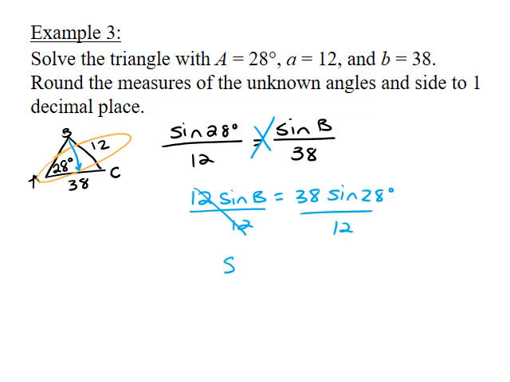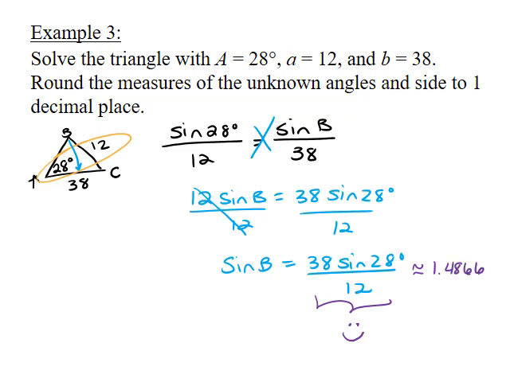So sine of B is equal to 38 sine of 28 degrees divided by 12. This will be smiley face. When you plug this into your calculator, you get approximately 1.4866.